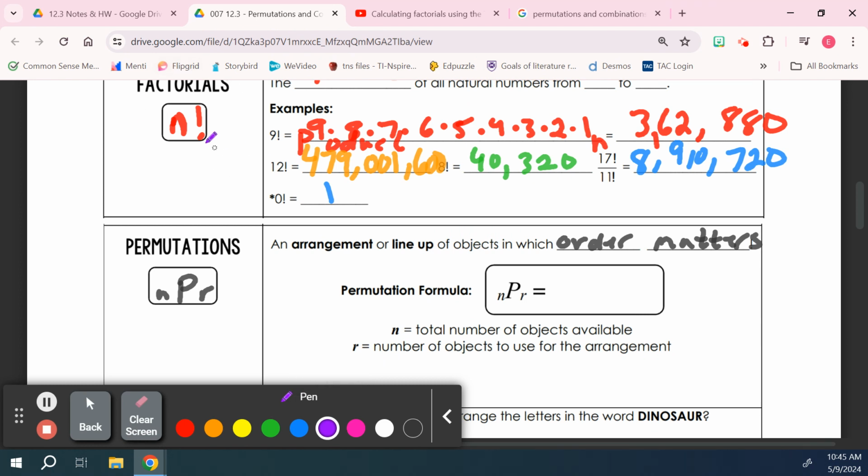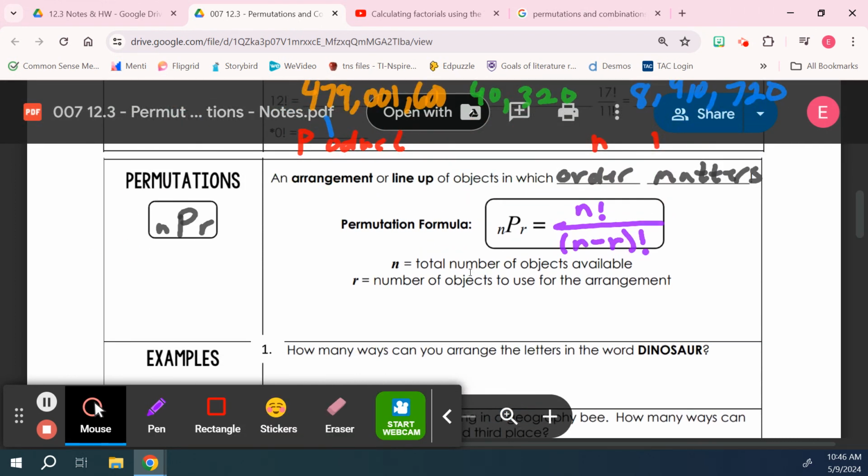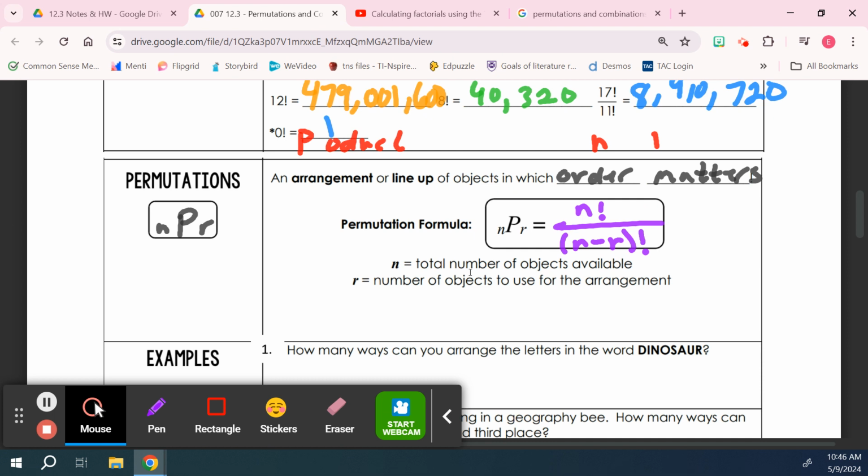So the permutation formula is n factorial over n minus r factorial, where n is the total number of objects available, and r is the number of objects to use for the arrangement.